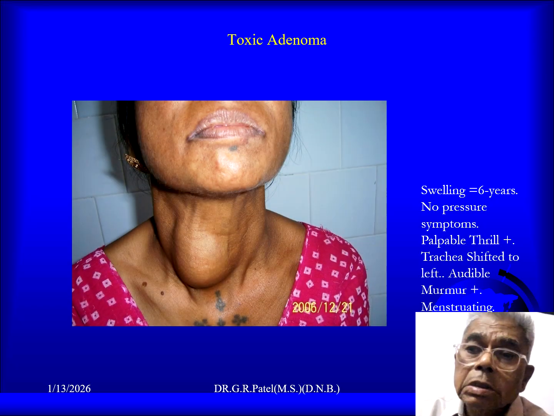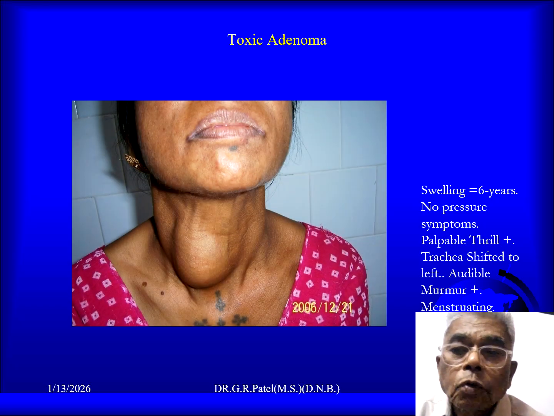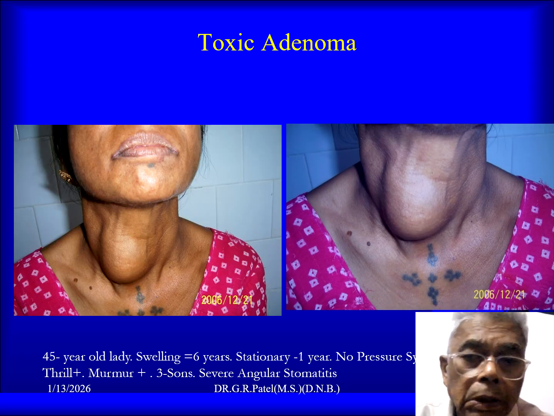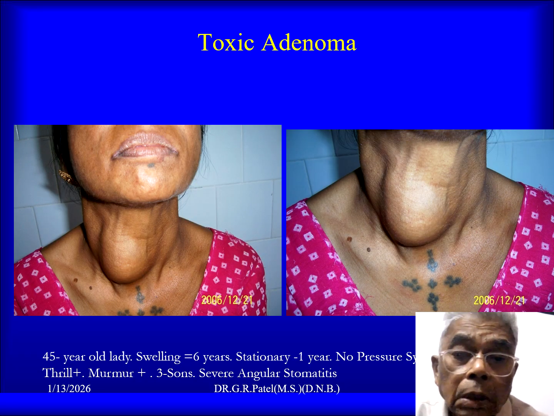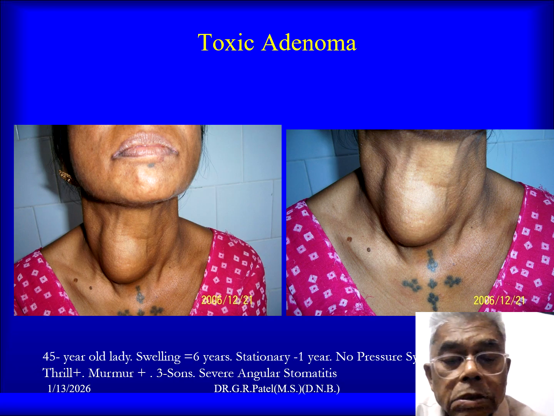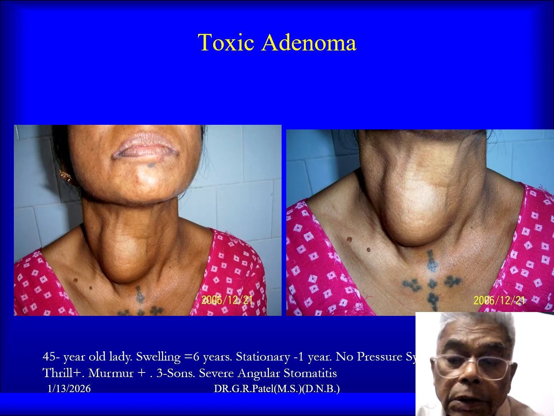Toxic adenoma in this case, swelling for 6 years, no pressure symptom, palpable, trachea shifted to left, audible murmur. 45-year-old, swelling 6 years, stationary 1 year, no pressure symptom, thrill present, murmur present, 3 sons, severe angular stomatitis.